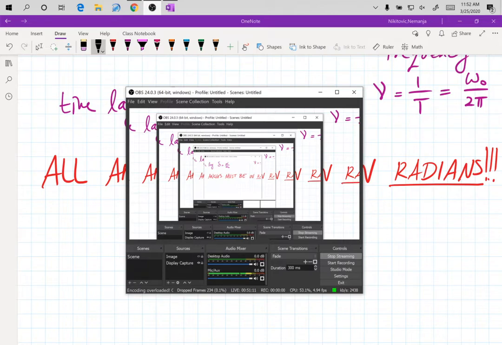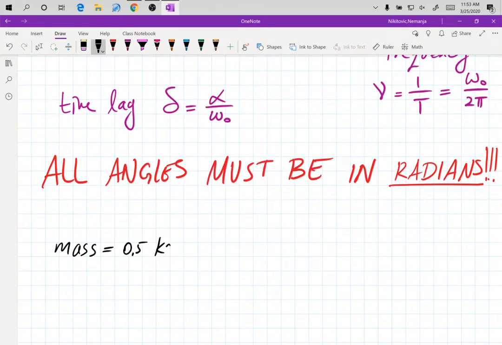All right, so let's take a look at a quick example and see all of the cool things we can calculate. A body of mass 0.5 kilogram, so mass equals 0.5 kg, is attached to the end of a spring stretched 2 meters by a force of 100 newtons.